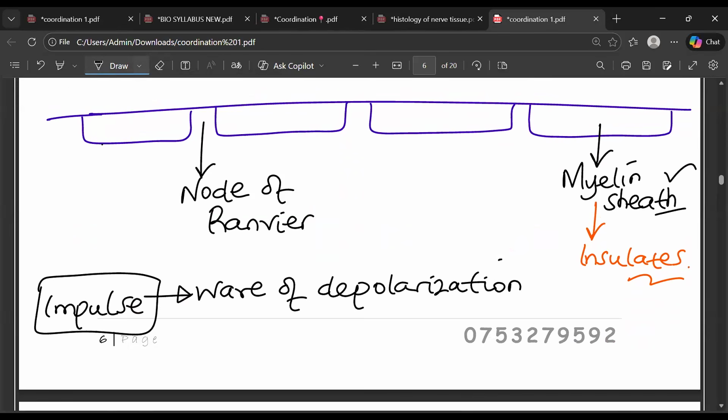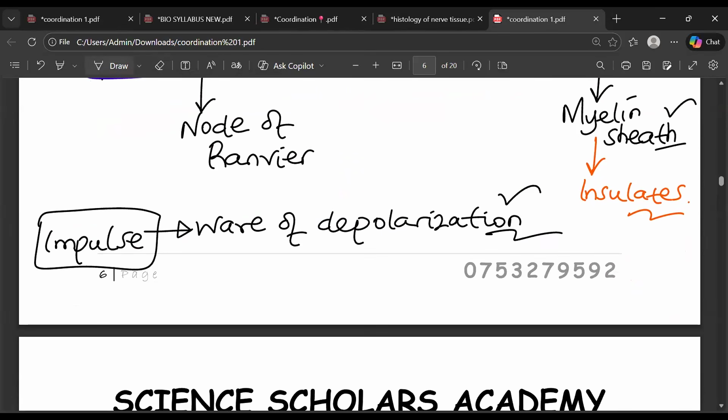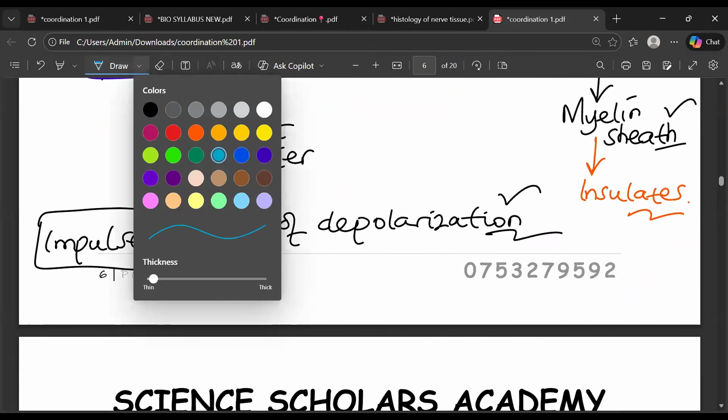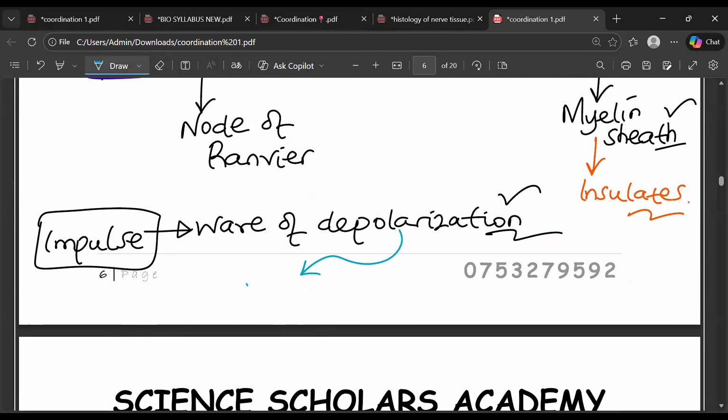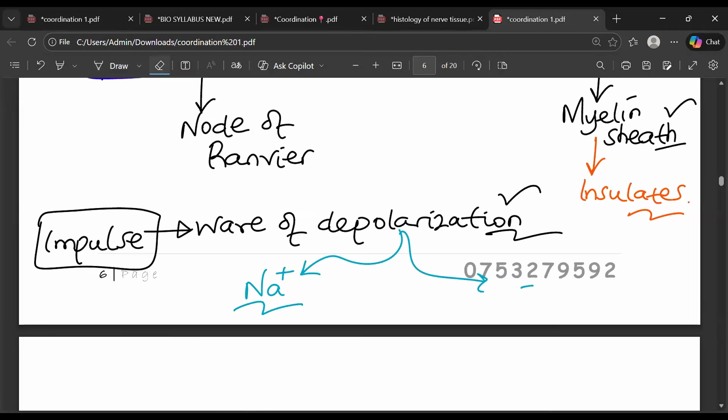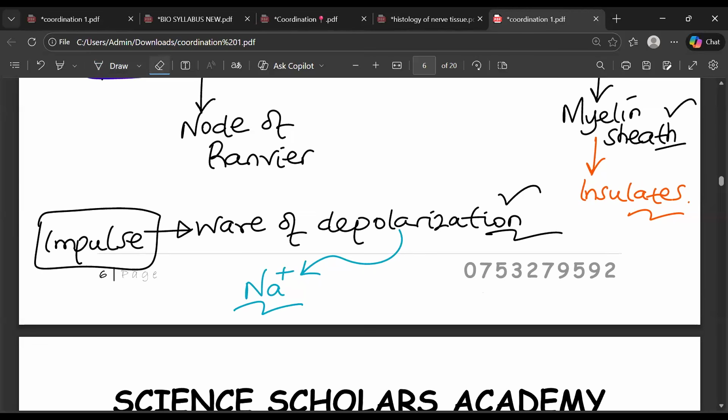When I talk about the wave of depolarization, that means we need to talk about the balance between sodium ions and potassium ions, things we've not yet talked about. That's why I need to first teach you resting potential, then action potential. What I'm trying to talk about is the role of the node of Ranvier.